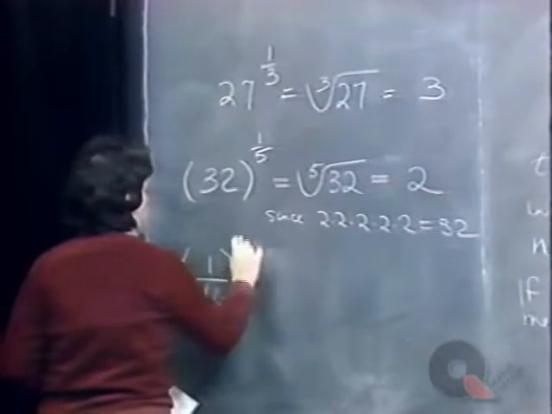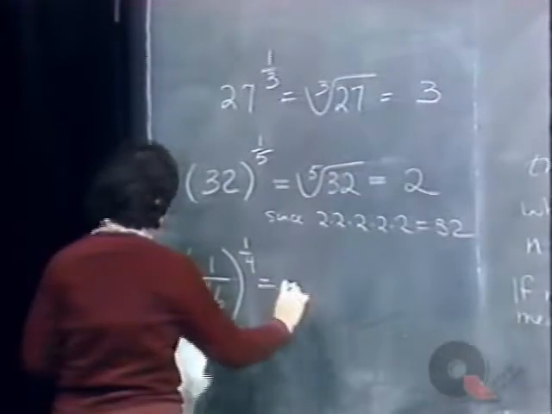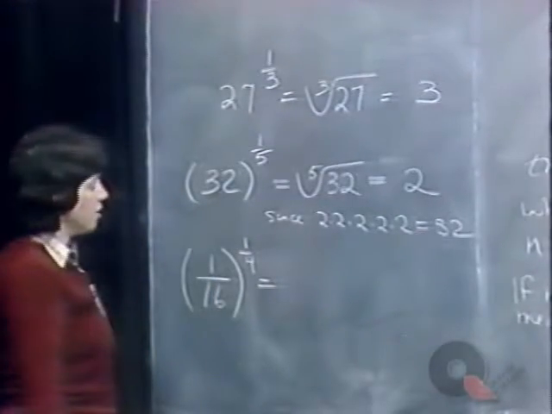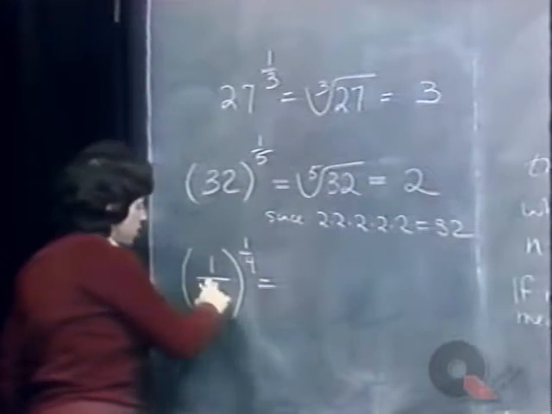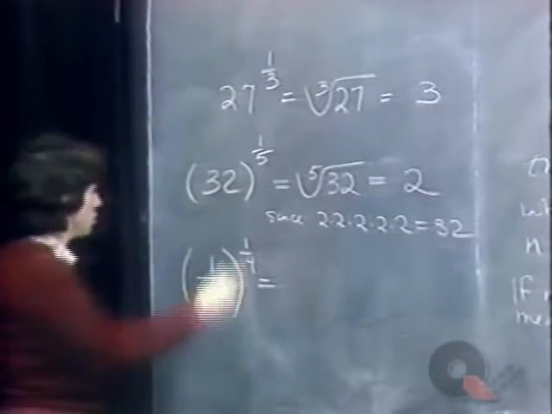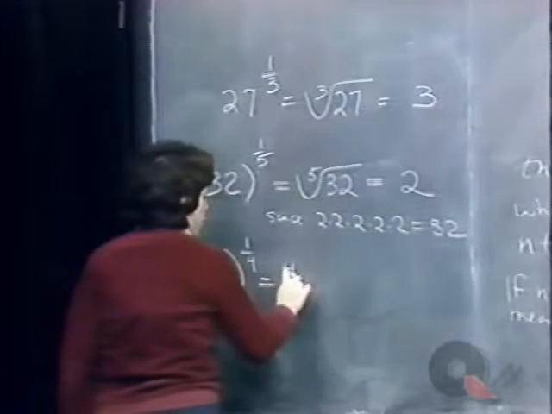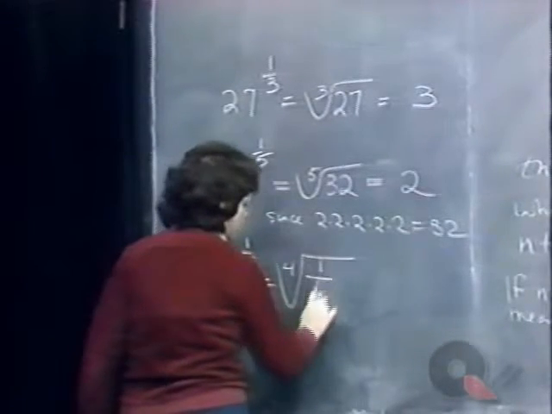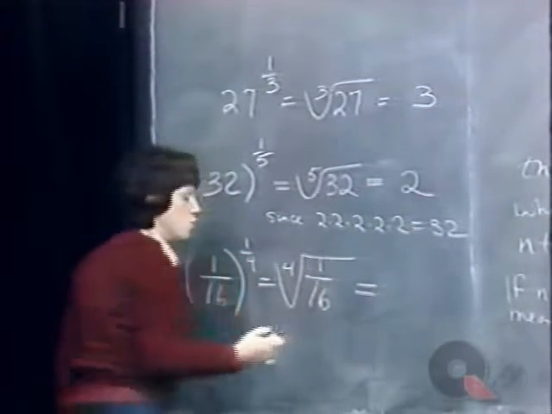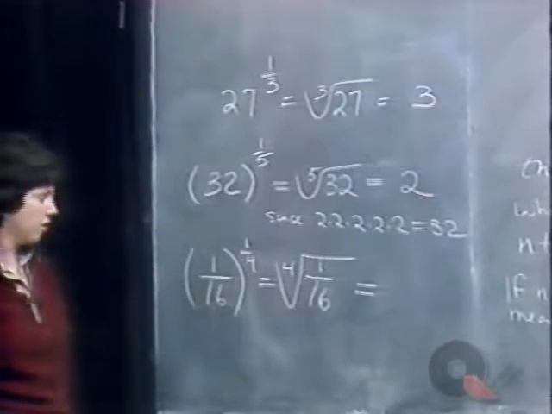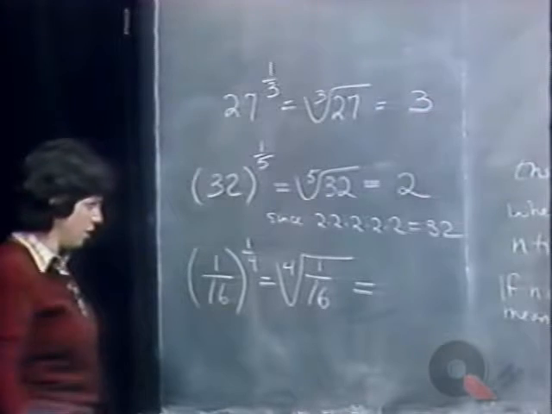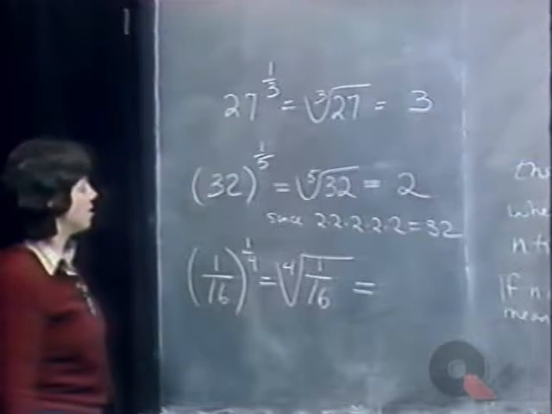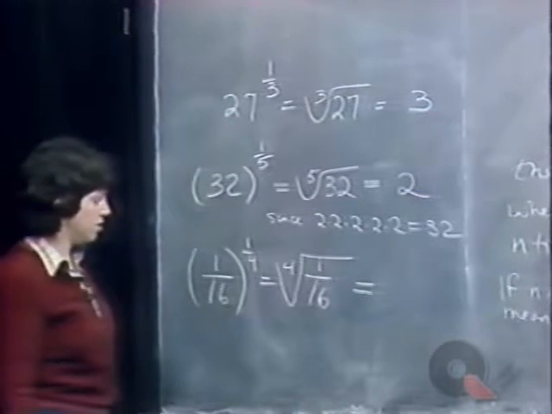1/16 to the 1/4 power. I'm looking for a number which, when multiplied by itself 4 times, gives us 1/16. This is the 4th root of 1/16. There could be some questions, so I'm taking the positive answer. I am talking about the positive number, which, when multiplied by itself 4 times, gives us 1/16.